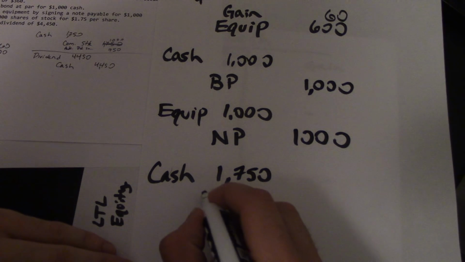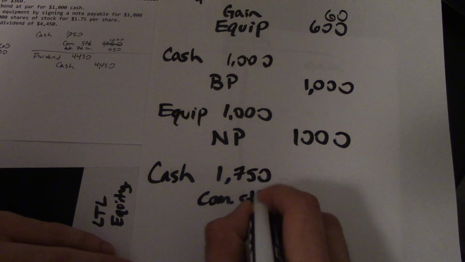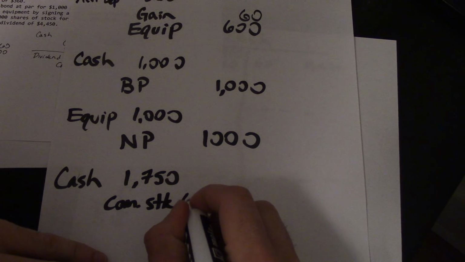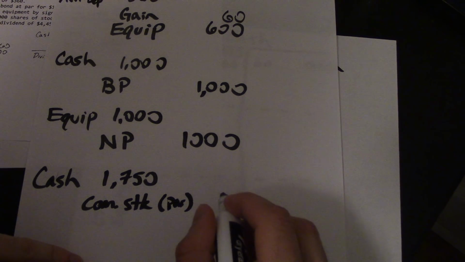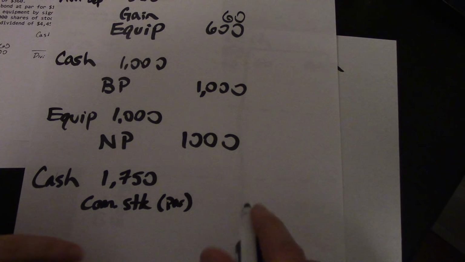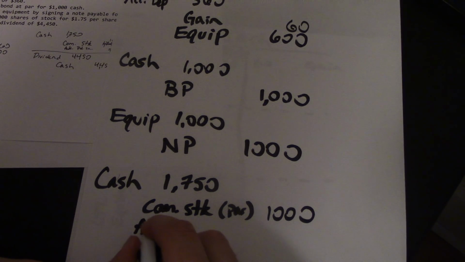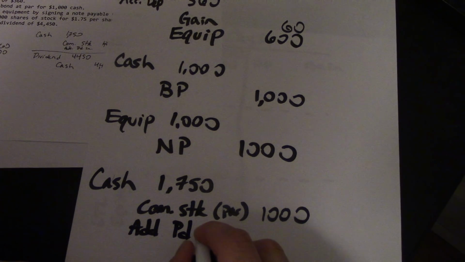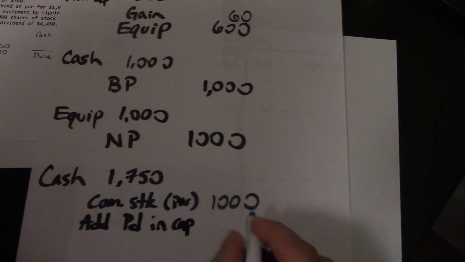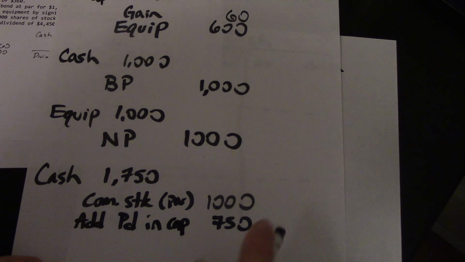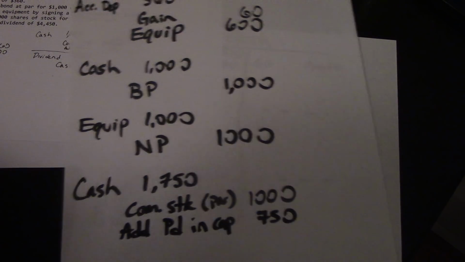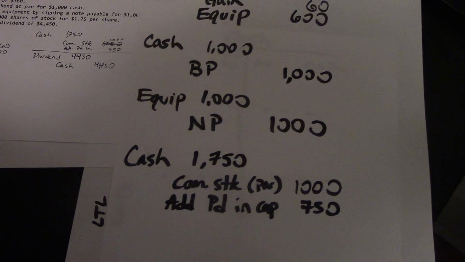We're going to credit our common stock at par, the dollar par times the number of shares, so $1,000, and then our additional paid in capital for the common stock is the rest of it, $750. There we go. That's number 4.